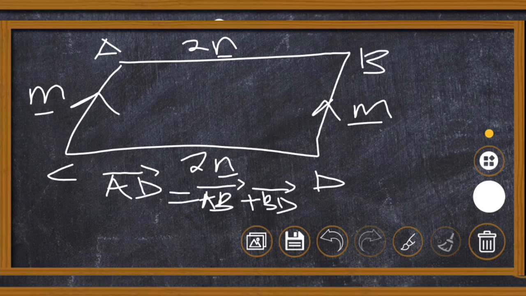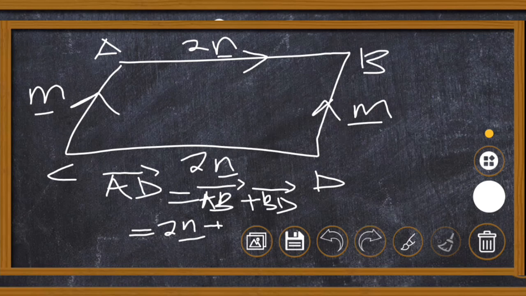Now, what is our vector AB? Vector AB is 2n here, so it's positive because we are moving according to the direction. Sorry, I didn't indicate the direction, it's going to be this. So we are moving according to the direction, so it's going to be positive vector 2n. Then added to vector BD, which is going against the direction. We are going the opposite way, so it's going to be negative.